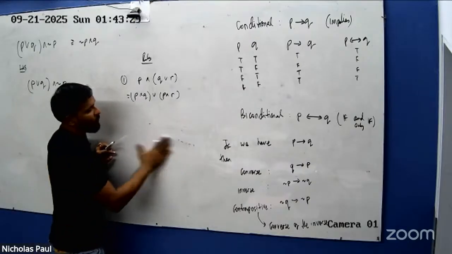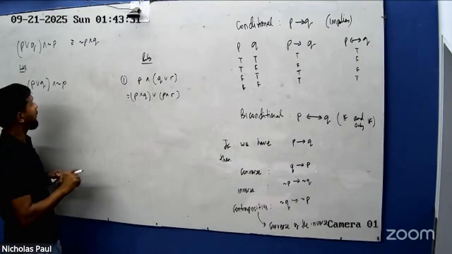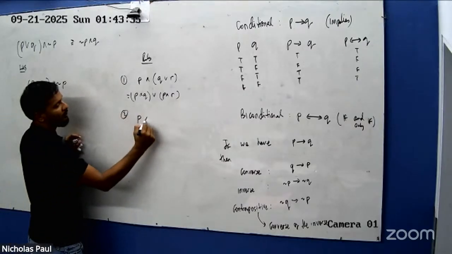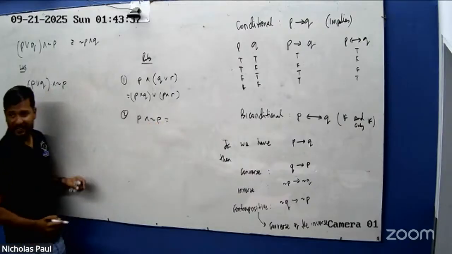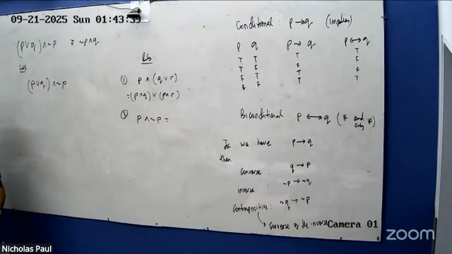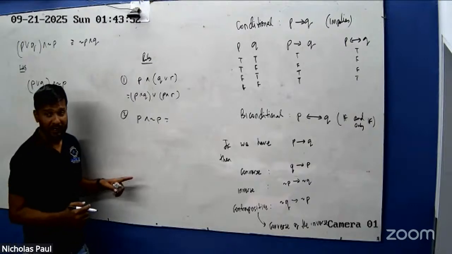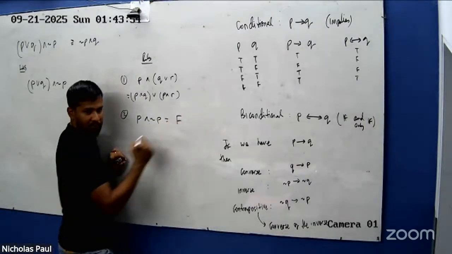And after we use that, we might go back and use this rule here. What was that again? What was the negation of P and P? I gave it at the beginning of the class. P and not P is false.